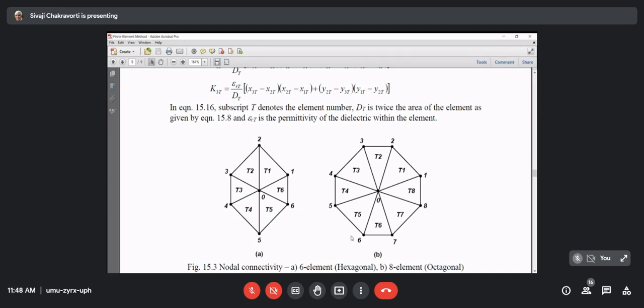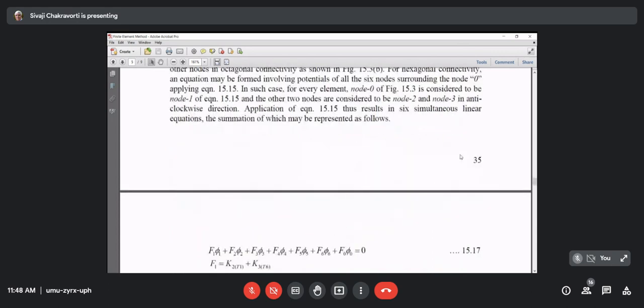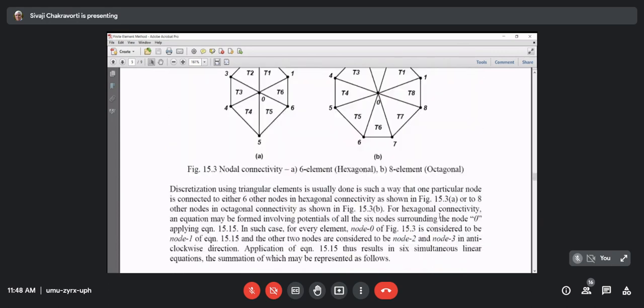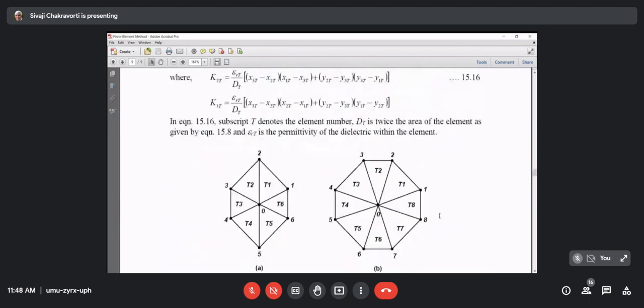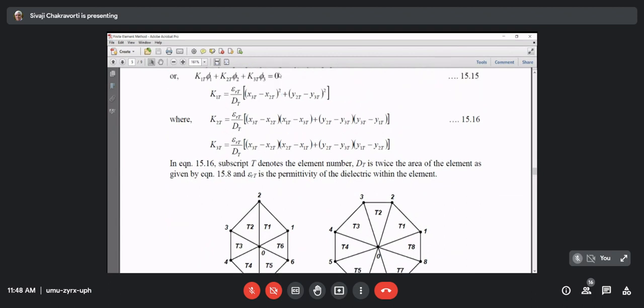Based on this observation, the next equation is formed. This is explained in this paragraph. So now, how do I write the equation? I take triangle T1 and I apply equation 15.15. Because for triangle T1, the 3 coordinates are known, I can write K1T as per this equation, as per the coordinates.